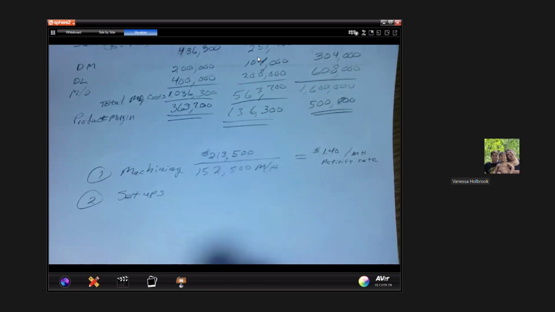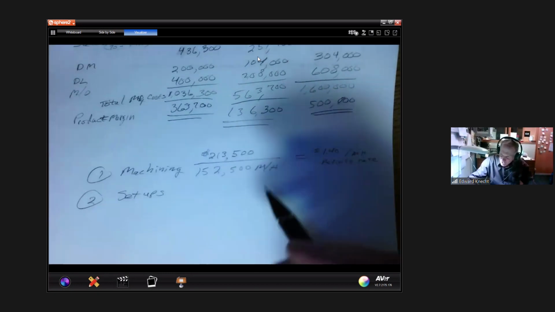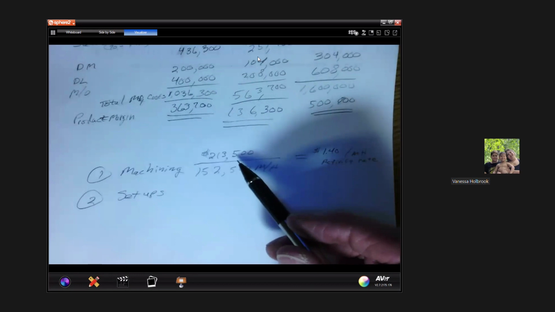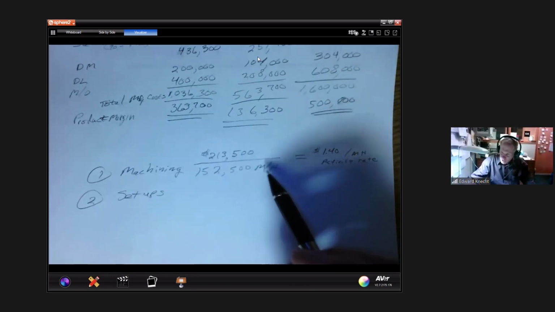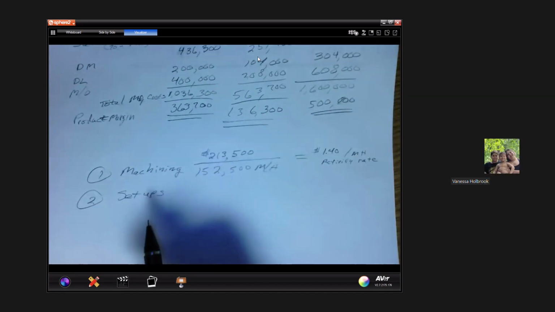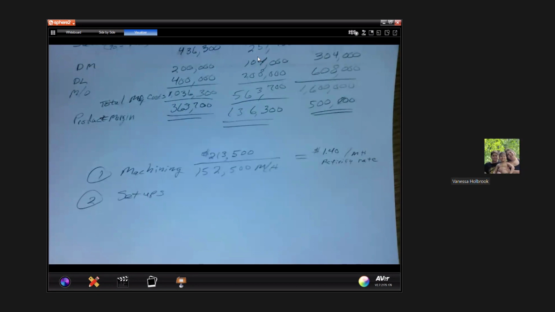So now go back into your textbook on page 349. Look at the total number of setups. These are dollars, and these are machine hours because this is the machining. So let's look at that table on page 349 more carefully. They tell you the machining cost, that's the manufacturing overhead of 213,500.